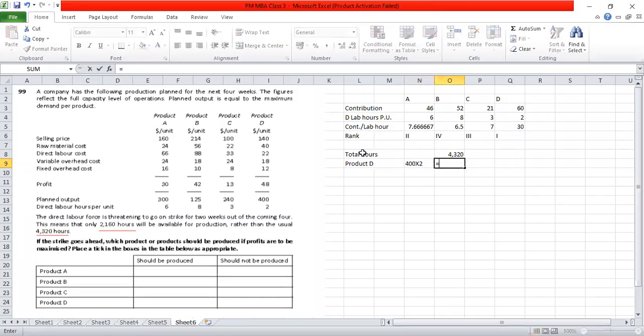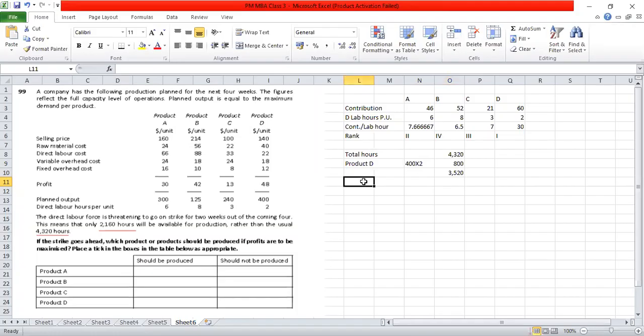So here it will be 800. So for the first one, 800 hours will be allotted. So now remaining is 3,520.